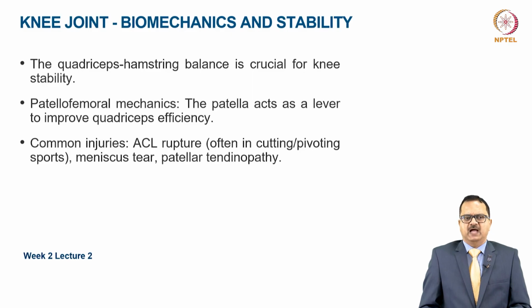The patella acts as a lever to improve the efficiency of the quadriceps muscle and the quadriceps tendon. In fact, the patella is a sesamoid bone which is found within the quadriceps tendon. Common injuries of the knee are ACL rupture, often in cutting and pivoting sports such as football, meniscal tear, and patellar tendinopathy.